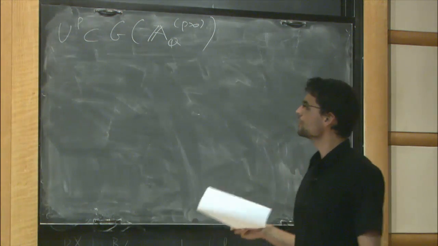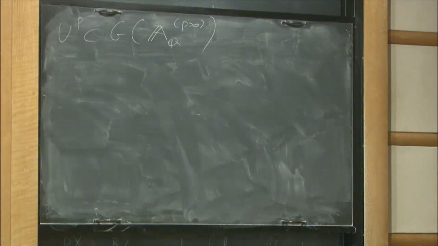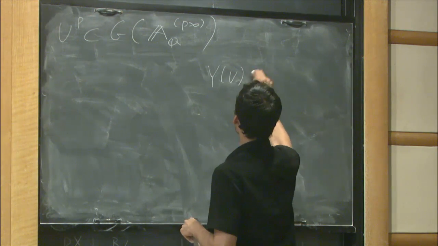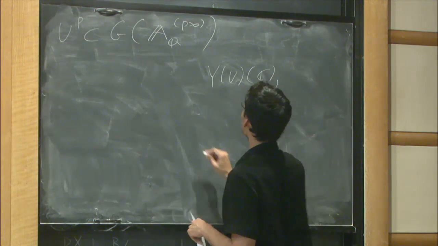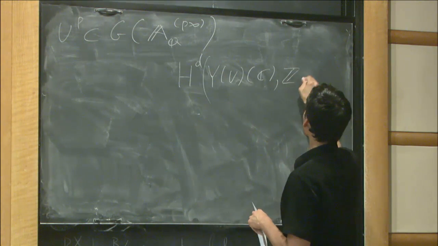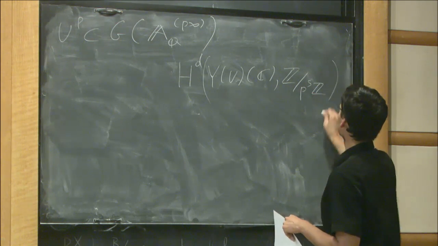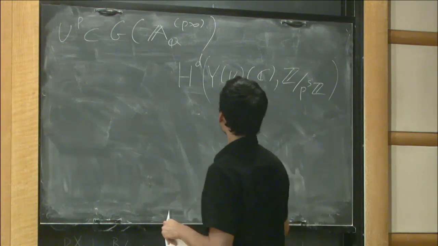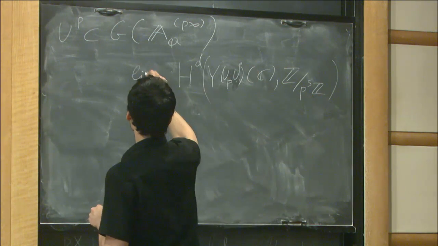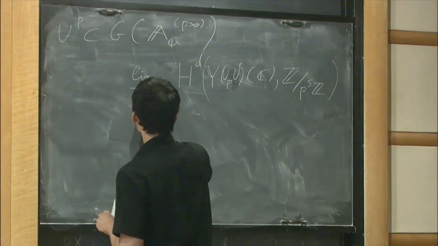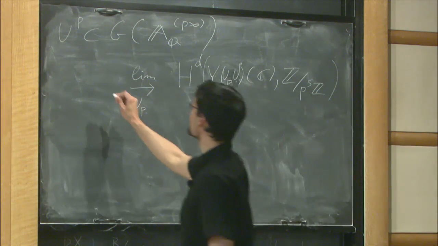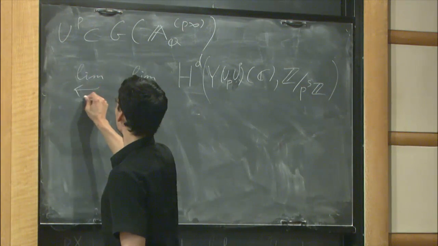So now if I have such a group U, I can consider Y_U. I take its complex points, and I look at cohomology in middle degree with torsion coefficients. And so this is U_p, U^p. Then I take the direct limit on the group at p of this, and then the inverse limit on s.